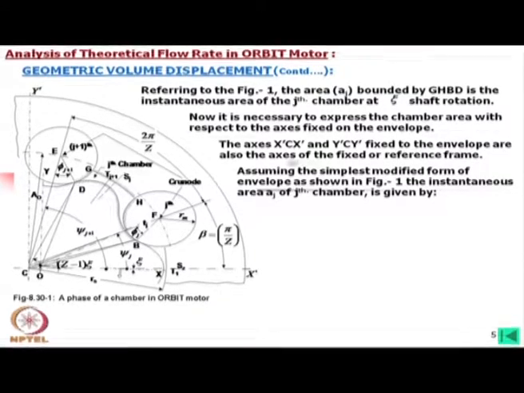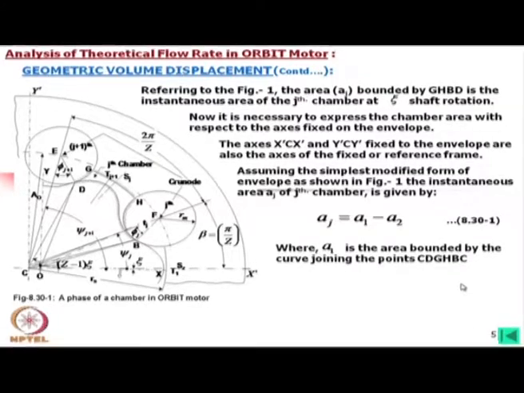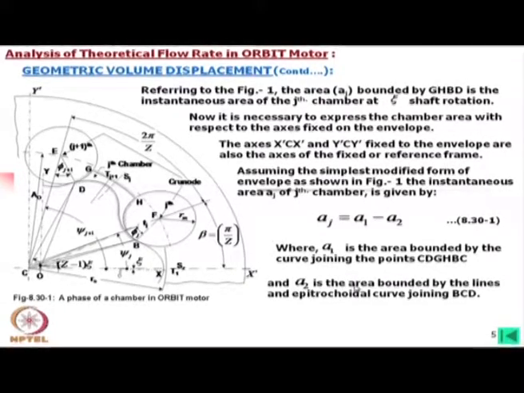This is the simplest form which we have considered, and the instantaneous area A j of the jth chamber is given by A j equal to A 1 minus A 2, where A 1 is the area bounded by the curve joining the points C, D, G, H, B and again C, minus the area A 2 bounded by the lines and the epitrochoidal curve joining B, C, D. If we subtract this area from that area, we will get the instantaneous area of the chamber.